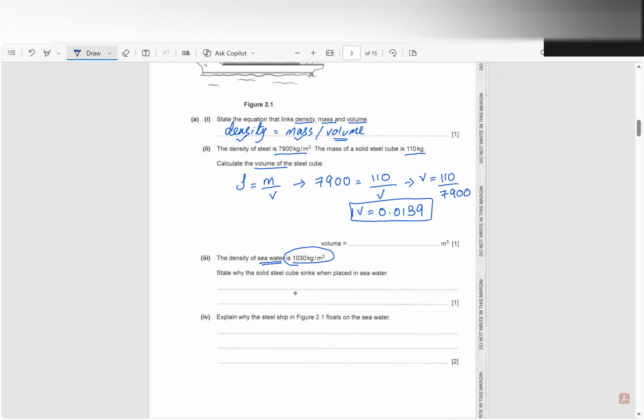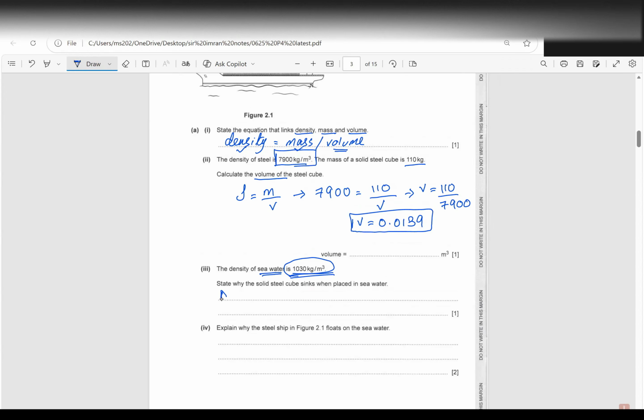Because obviously we can see there's a density difference, guys. The density of steel was this much, and this is now the density of seawater. Density of steel is more than the density of water, so the steel cube is going to sink when placed in seawater.